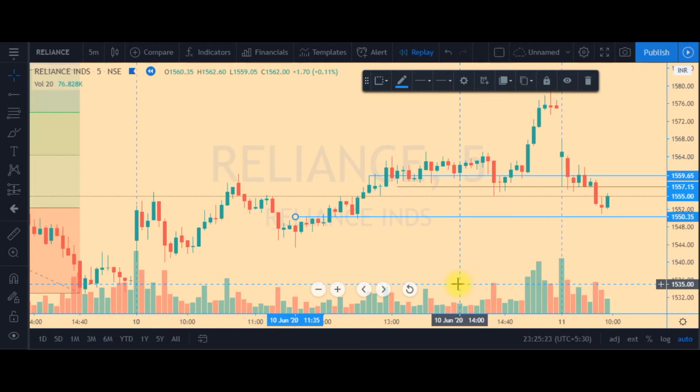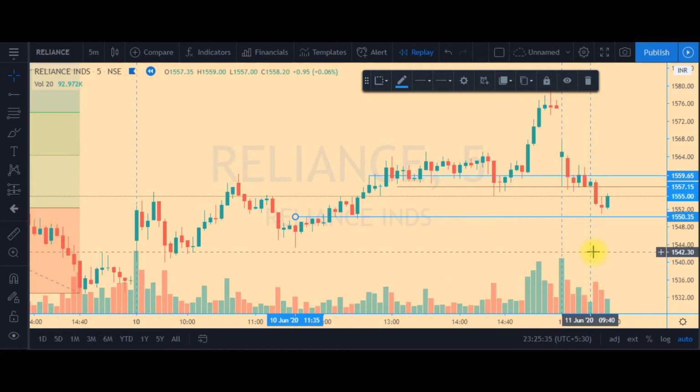It is trading below the last 3 days range, and it also broke the first 30 minutes range with decent volume. Now I am in the trade, waiting for the pullback to that breakdown area. So let's see what happens in the next couple of bars.